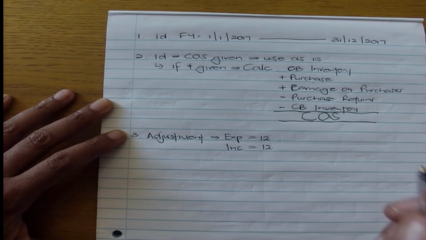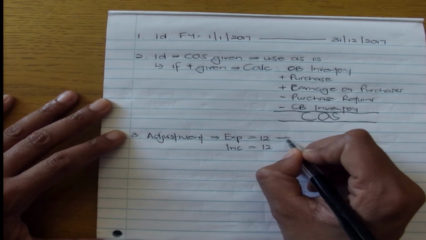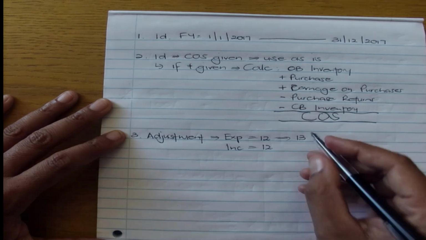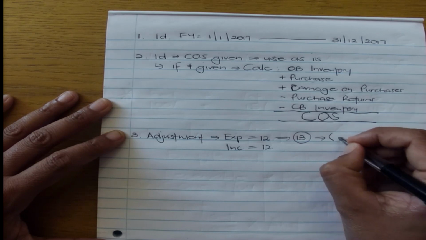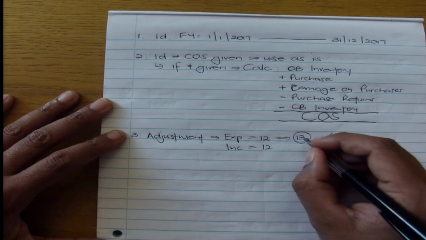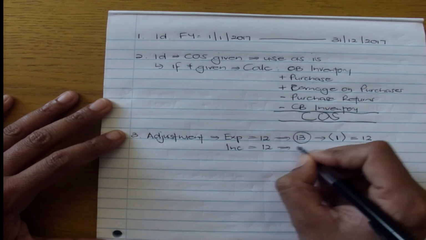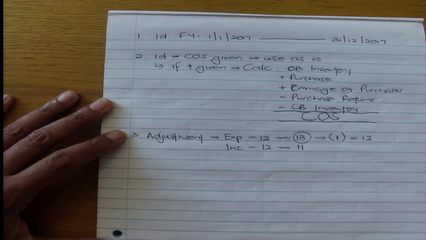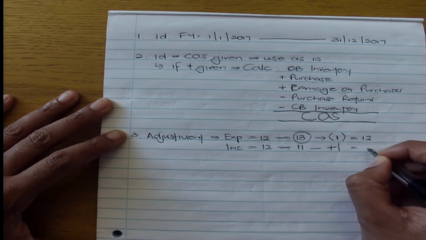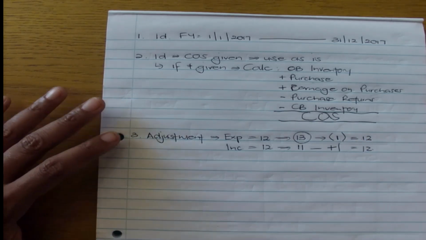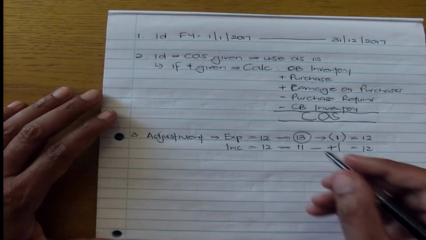But if you received or paid expenses for 13 months, it means that 1 month is too much. You need to minus the 1 month to get your 13 months to 12 months. If you only paid for 11 months, it means there's 1 month short. Then you need to add 1 month to get it to 12 months. This is called adjustments. Now remember, I explained this to you already.